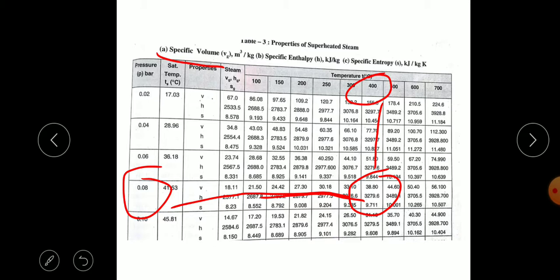So these three properties, specific volume, specific enthalpy, and entropy, we can find. Specific means per kg of the steam. So we can find the different properties.